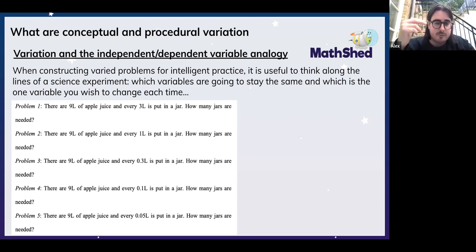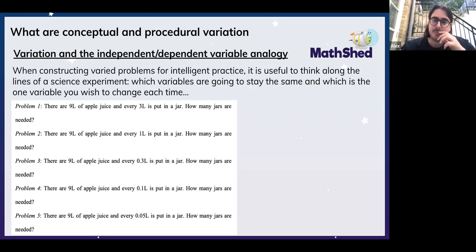The same with the next one. There are obviously going to be 9 jars because 1 multiplied by 9 or 9 multiplied by 1 is 9. Then we're looking at something far more complicated where a decimal number, a number less than 1, can divide a whole number.